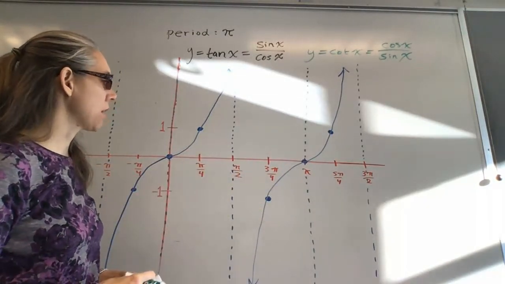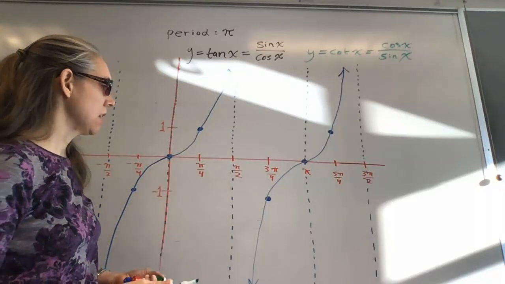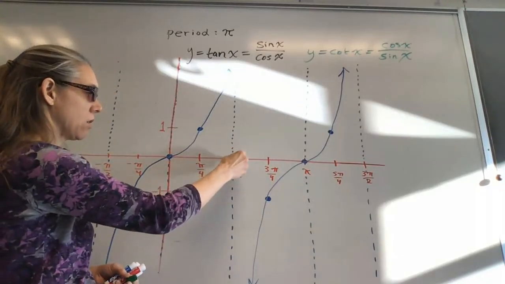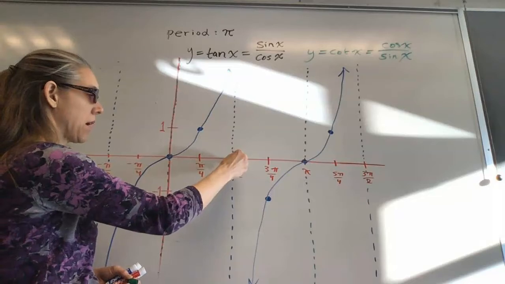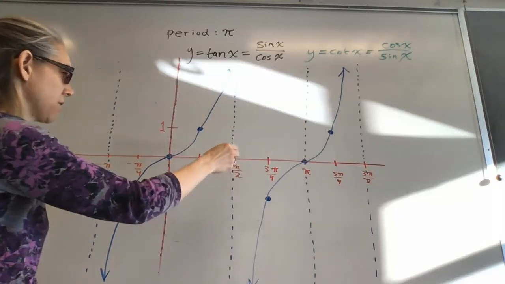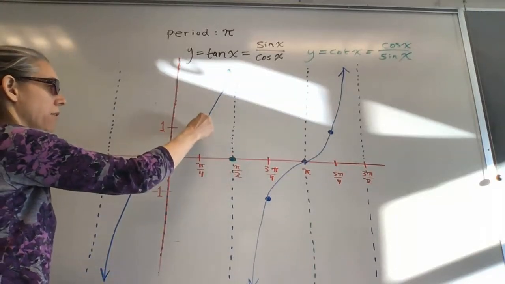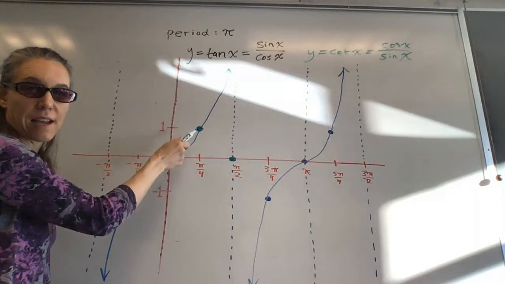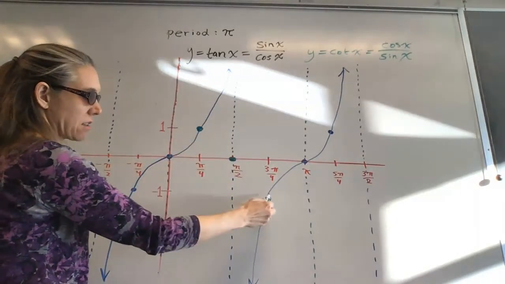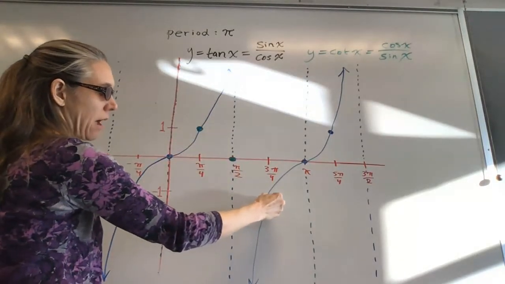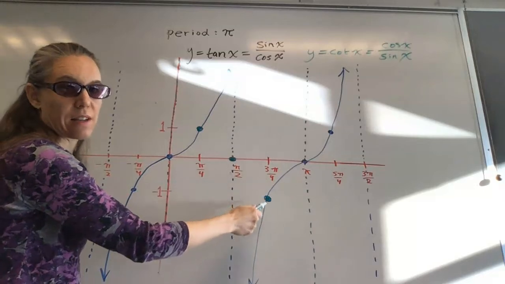Okay, so another thing about cotangent is that it is 0 at pi halves. Cotangent has a value of 1 at pi fourths, just like tangent does. And cotangent has a value of -1 at 3 pi fourths, just like tangent does.